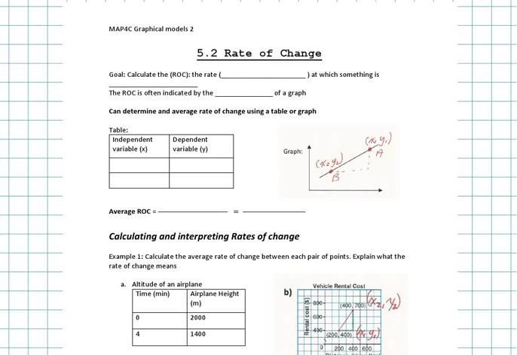So the rate of change is how quickly something is changed. And as I said, the rate of change is indicated by the slope of the graph.